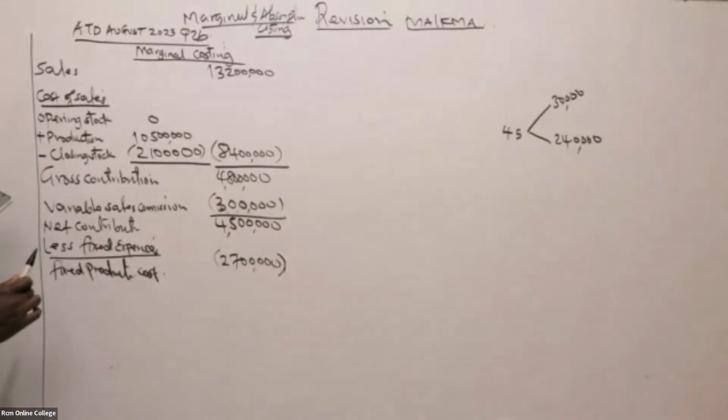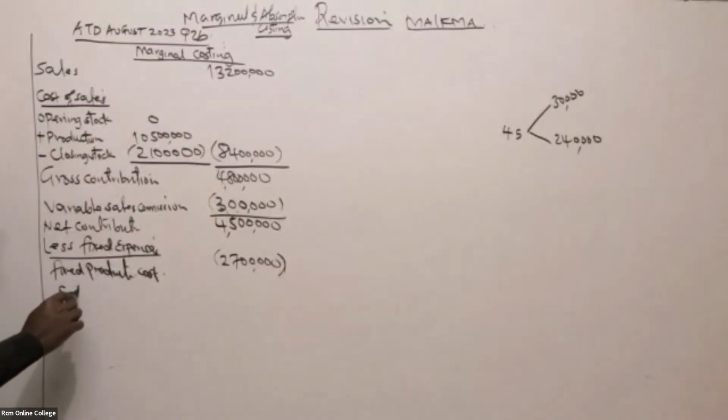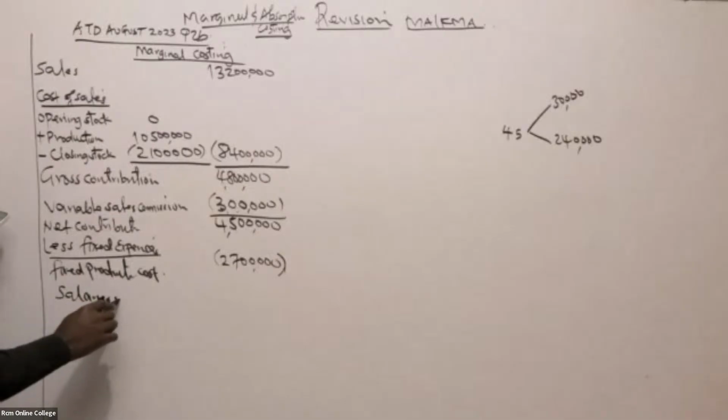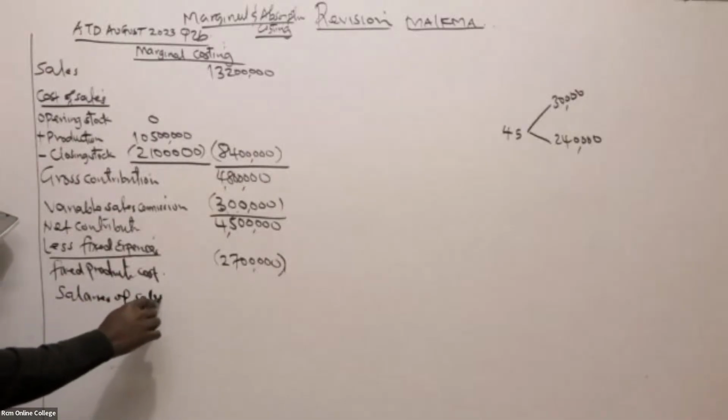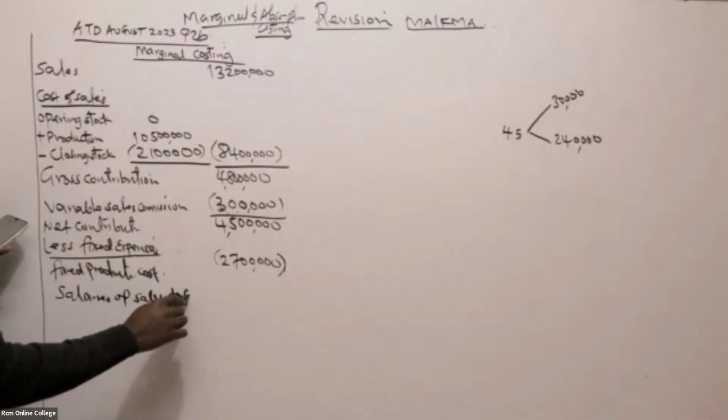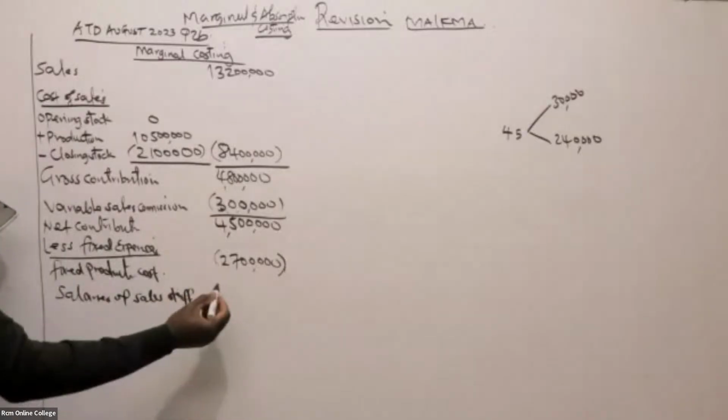Then we now need to less the fixed non-production expenses. One of the fixed non-production expenses is salaries of sales staff. That is 450,000.